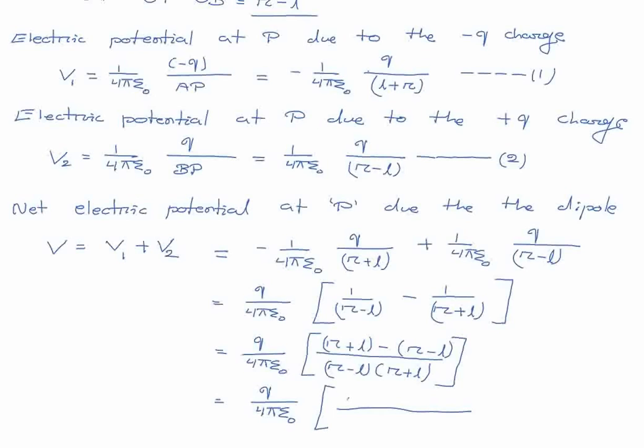This is r plus L minus r plus L divided by, this is A minus B into A plus B, that is A square minus B square, r square minus L square. See, this r and this r will be cancelled out.